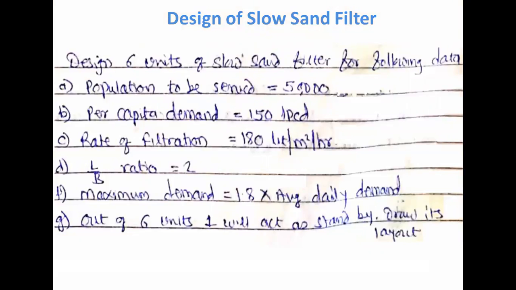Let us see the problem here. Write down the problem. Design 6 units of slow sand filter for the following data.